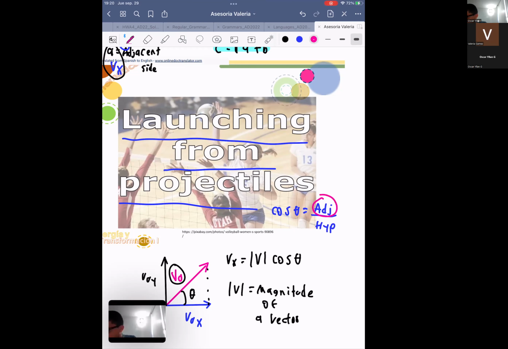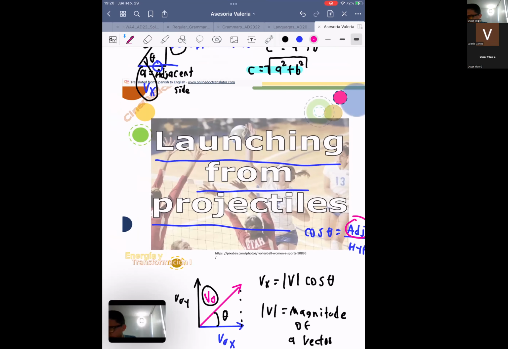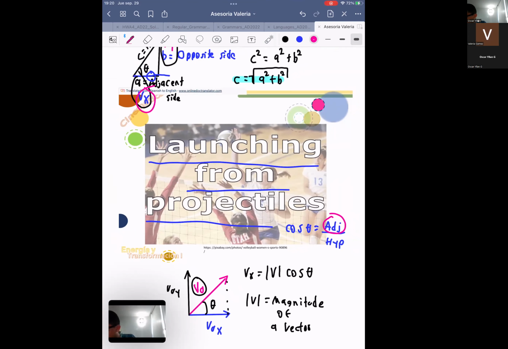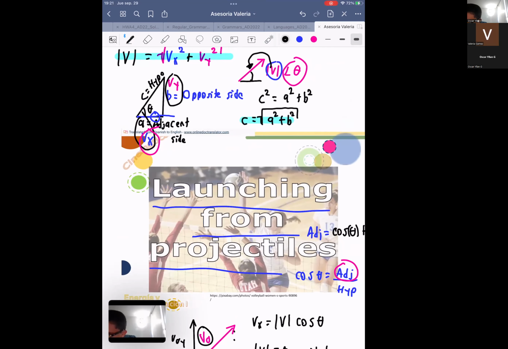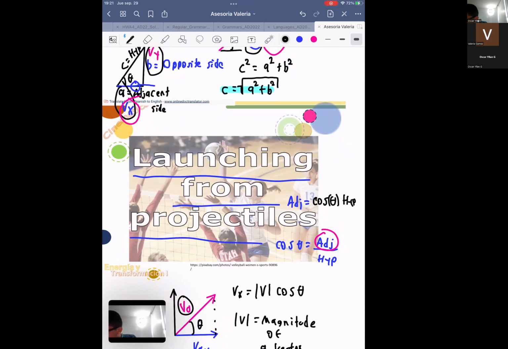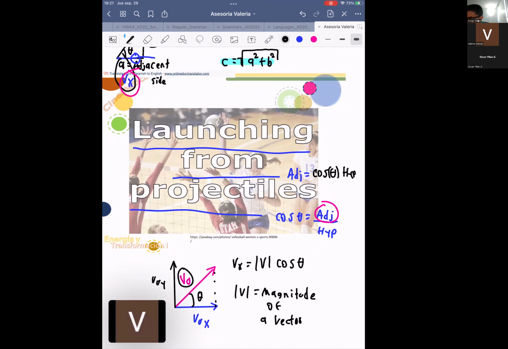If we want the adjacent side, which as we see here is the x component, we do the algebra and multiply the cosine of the angle times the hypotenuse. In this case, the hypotenuse is the magnitude of the vector.